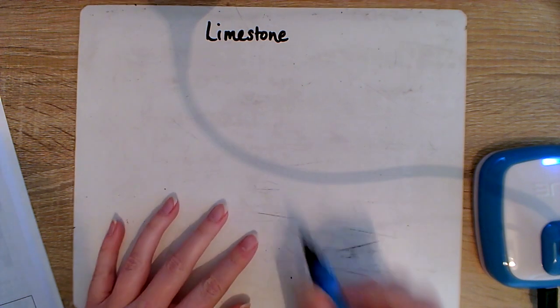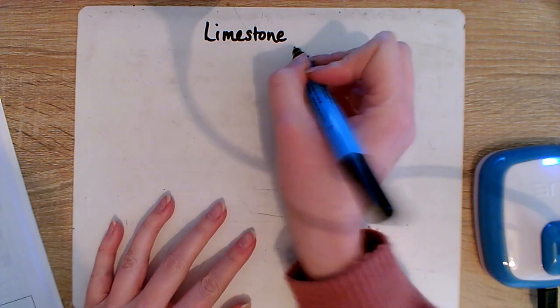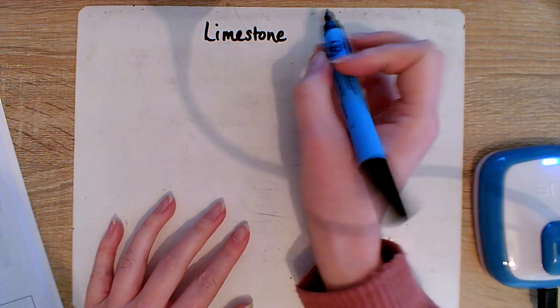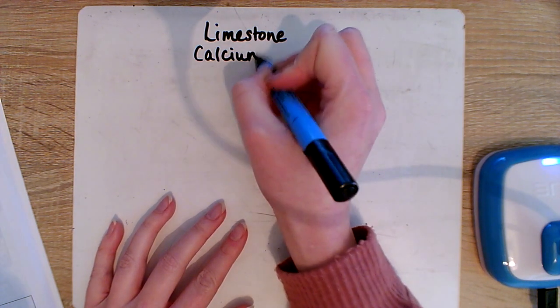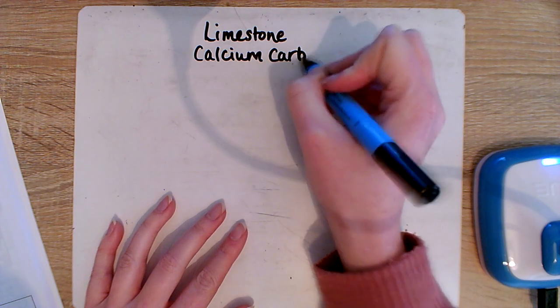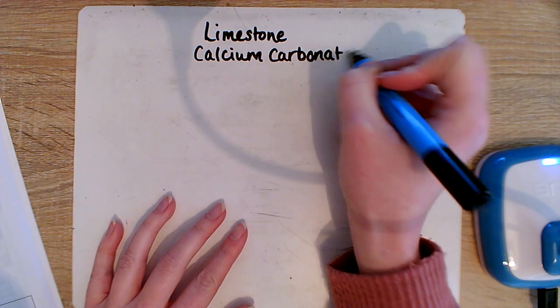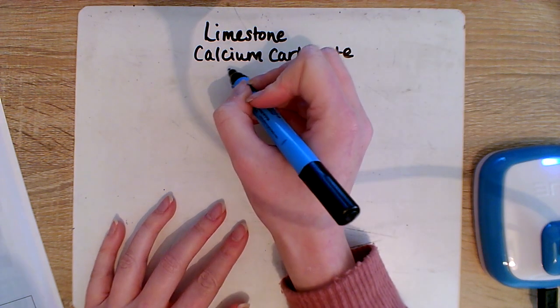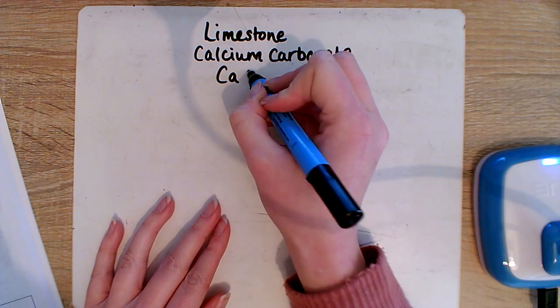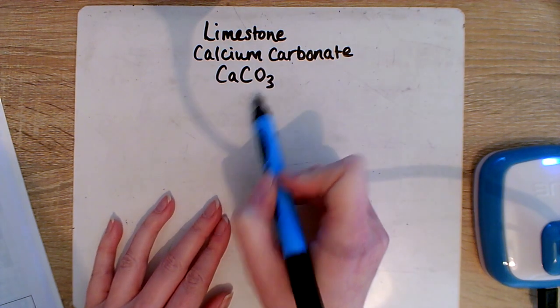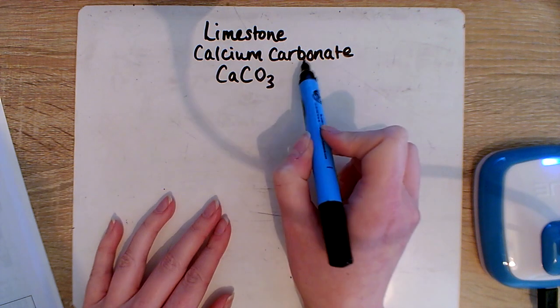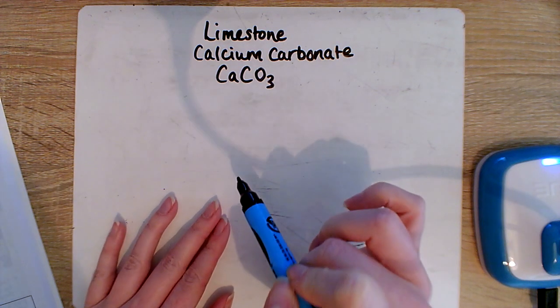So limestone is the common name for this chemical, but the chemical name for it is actually calcium carbonate. And when we have a look at the formula, which is one that hopefully you'll recognise, it is CaCO3. So this is where we get the carbonate part of the formula from, because it's got carbon and it's got oxygen in it.